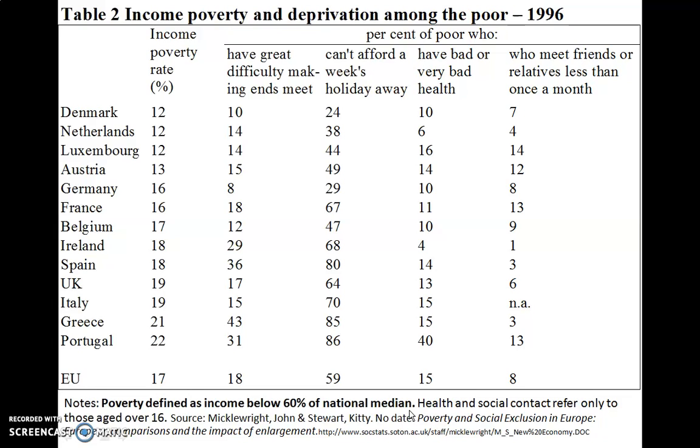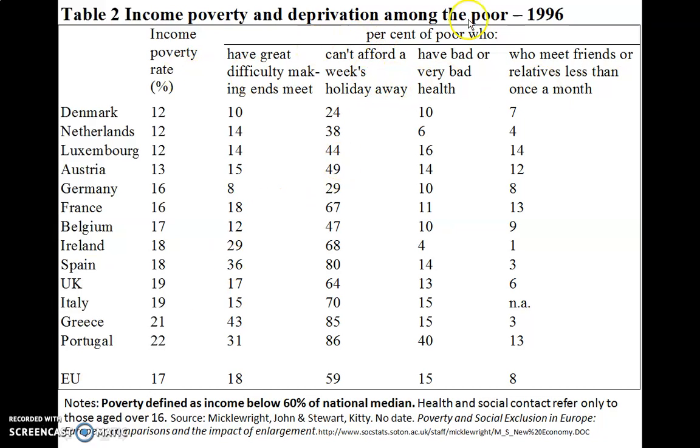So they find out what the national median is, and if your income is below 60% of that national median, you would then be defined as poor. Okay, and you can see here the different income poverty rates. Okay, so that's the percentage of poor people by this definition within this country. Okay, so this here is an incidence. Okay, this is the incidence, poverty incidence.